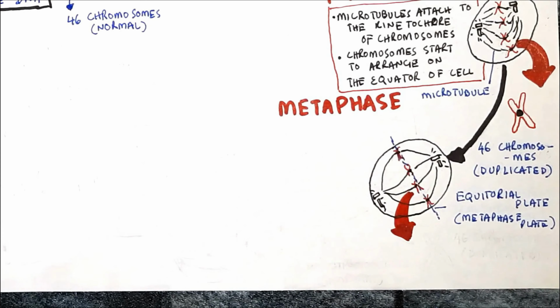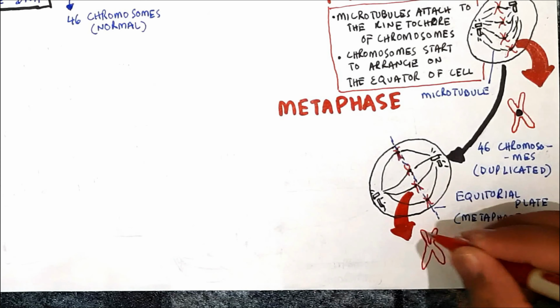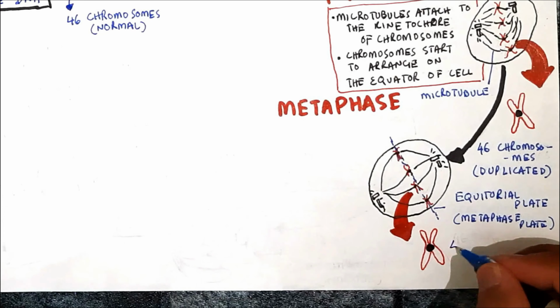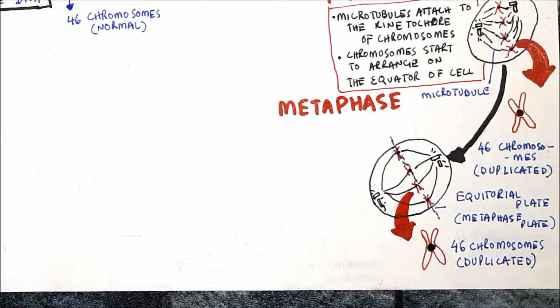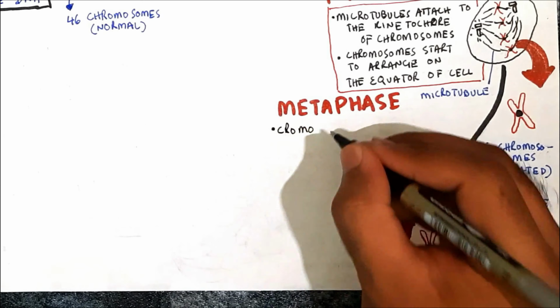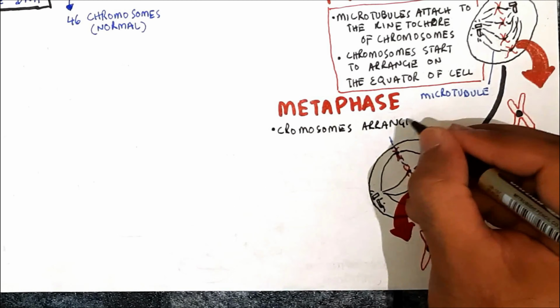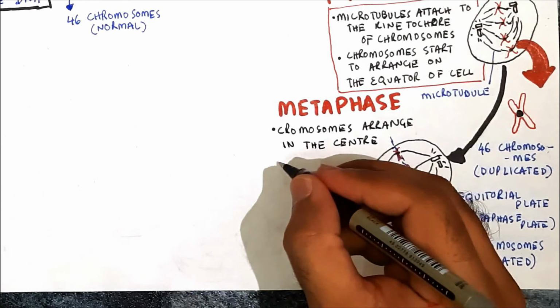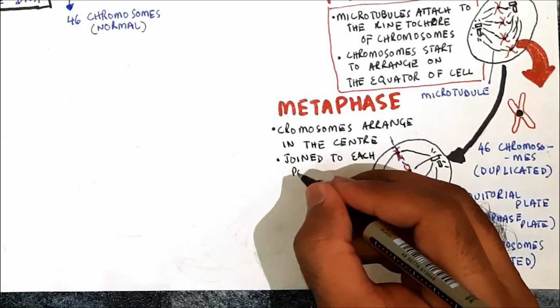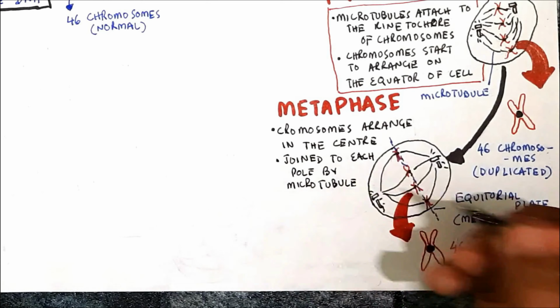Now still we have 46 chromosomes, all of them duplicated. By duplicated I mean 2 chromatids in one chromosome. So metaphase is the phase in which chromosomes are exactly arranged in the middle of the cell, the equator of the cell, the center, and joined to the poles by microtubules.